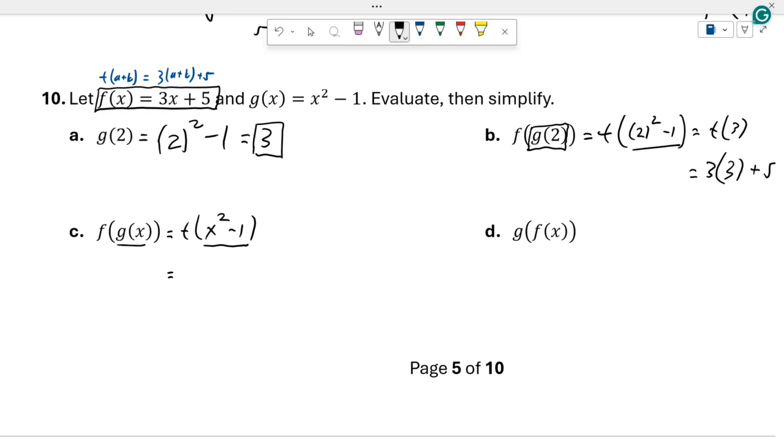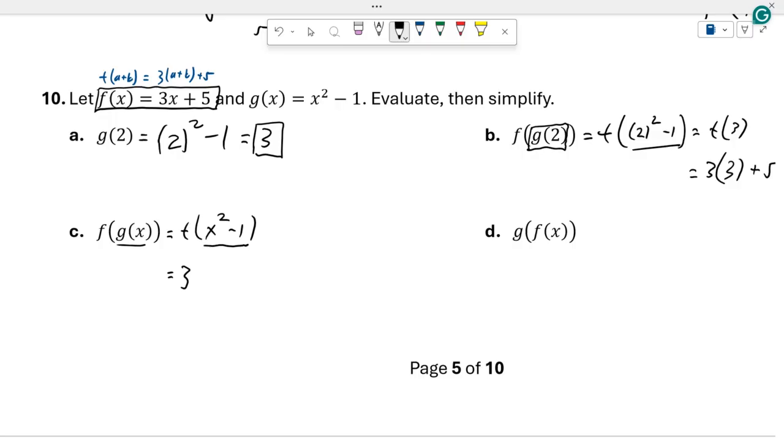Everywhere I see an x, I'm going to replace it with my input, which in this case happens to be x squared minus 1. All right. So the first thing I run into is a 3, so I'm going to write that, and then I run into an x. So I'm going to replace that with what my input is, and my input here is x squared minus 1.